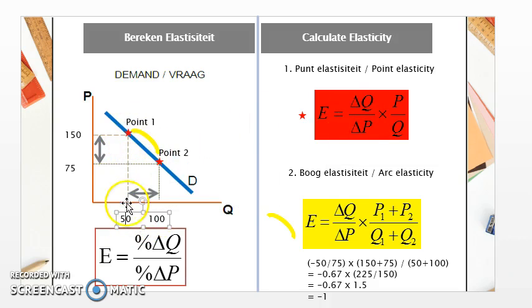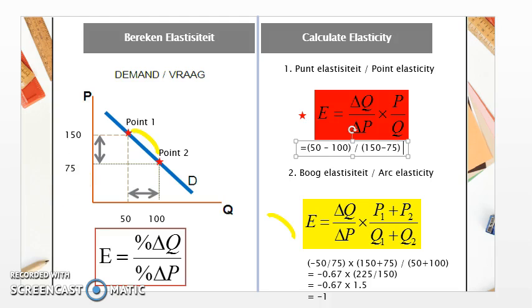We start at point 1, so it's 50 minus 100. We divide that by the change in price. The change in price starts again at point 1, that's 150 minus 75.